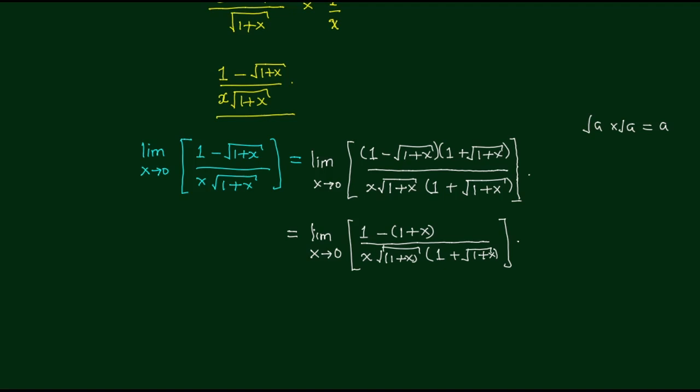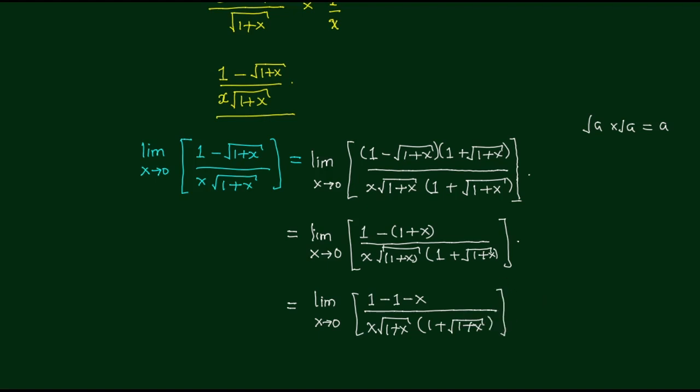So here we can also open this bracket up, and after writing our limit as x tends to 0, the first term remains as 1, and this one goes to negative 1, and of course negative and positive, if you multiply them you get negative. So we can also recopy our denominator, and we have there x under root of 1 plus x times 1 plus under root of 1 plus x again. Then we close our bracket.